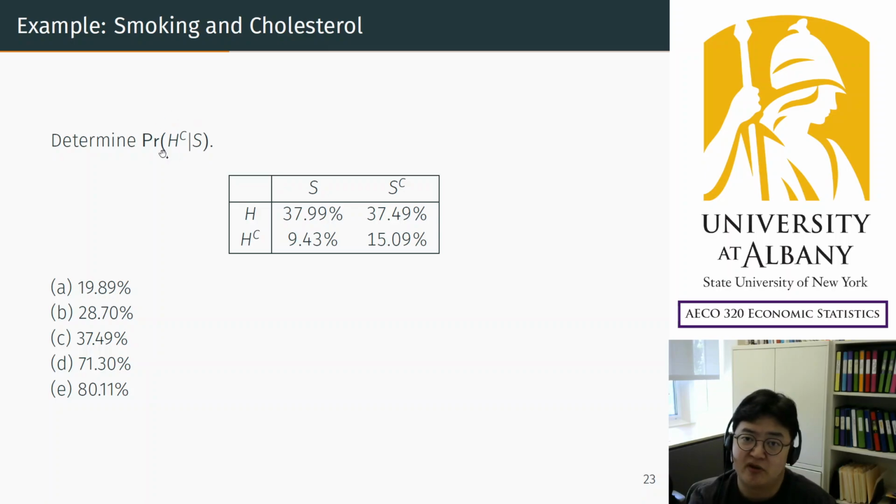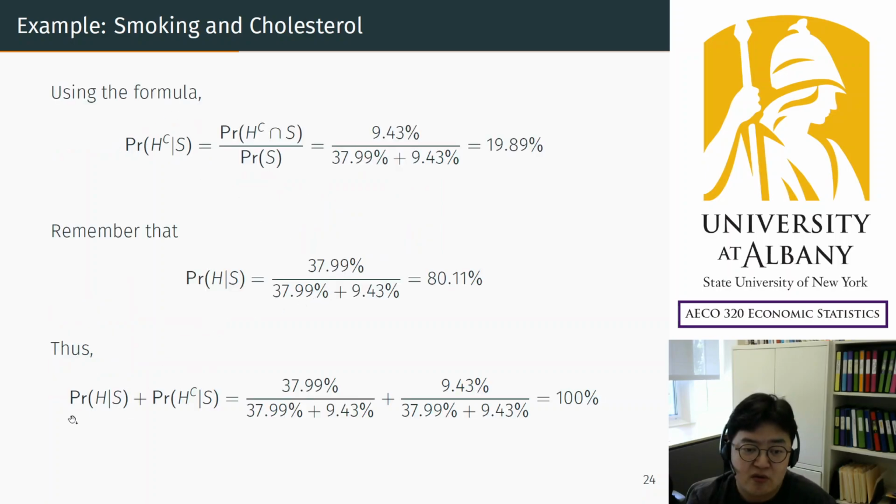So the probability of high cholesterol among smokers plus the probability of not high cholesterol among smokers must be 100%. They are from the same pool, so their denominators are the same. So their sum should always be 100%.